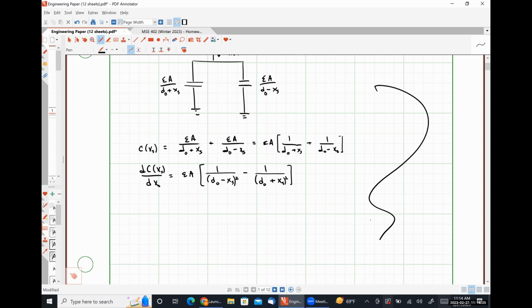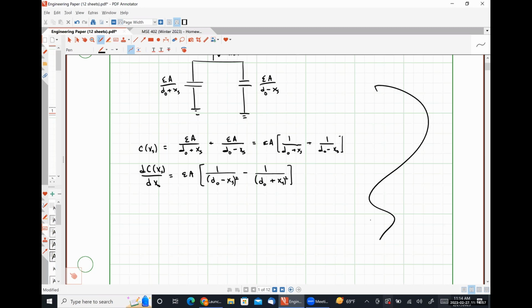So when we did our example problem, we were calculating the drive mode displacement as a function of the AC force calculation. In this case, it was 2 times DC voltage, AC voltage, and dC/dx.